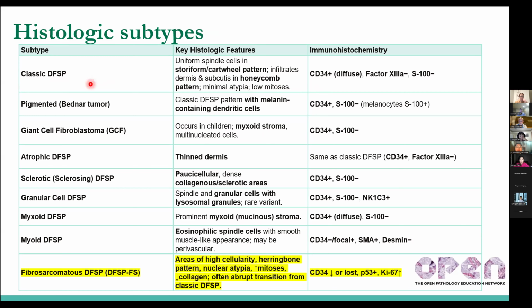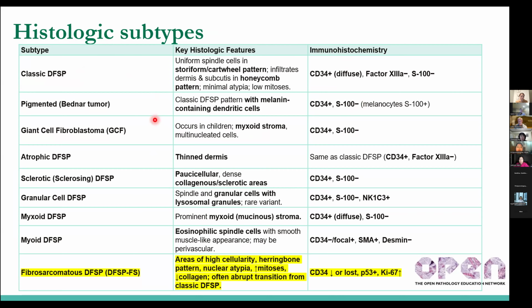We have our pigmented subtype, Bednar tumor. This term is no longer used in the WHO Blue Book, but we can call it pigmented DFSP. Same pattern as the classic DFSP, but with melanin-containing dendritic cells, so it may be focally positive for S100 in melanocytes.